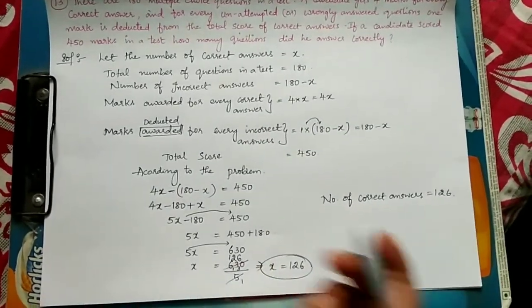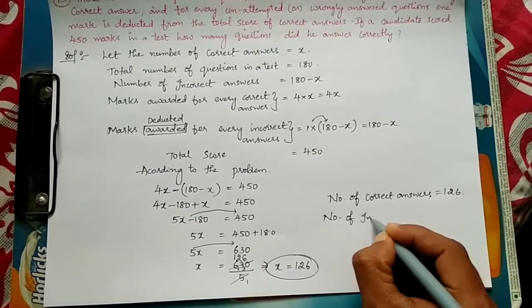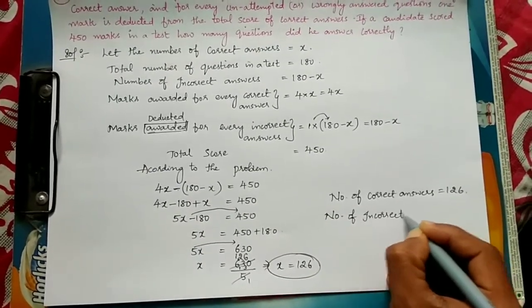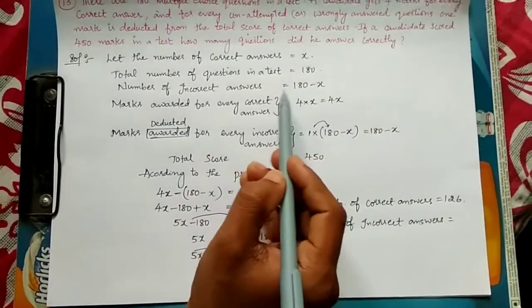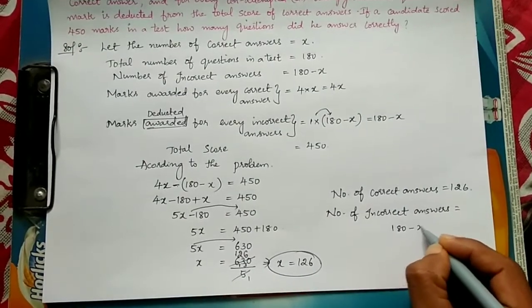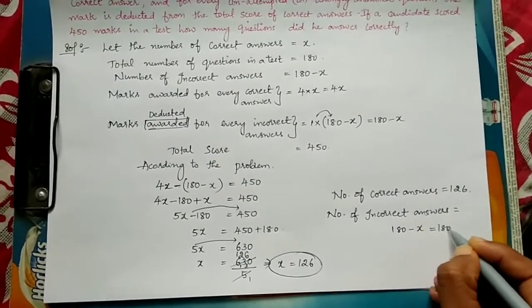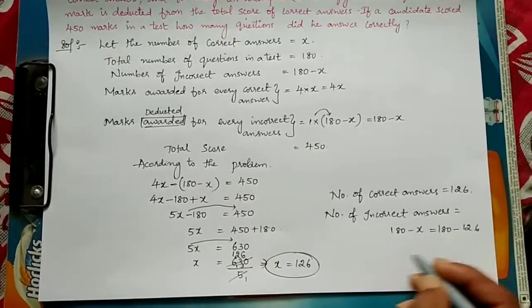So from this we can find the number of incorrect answers. Number of incorrect answers is 180 minus x, which is equal to 180 minus the value of x, 126.